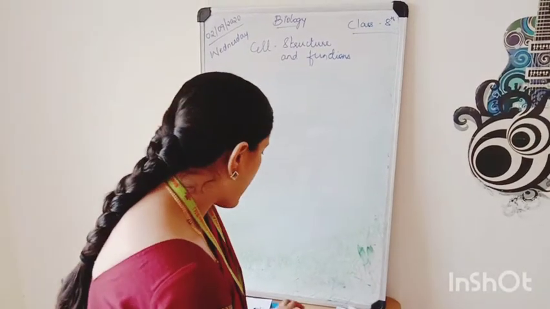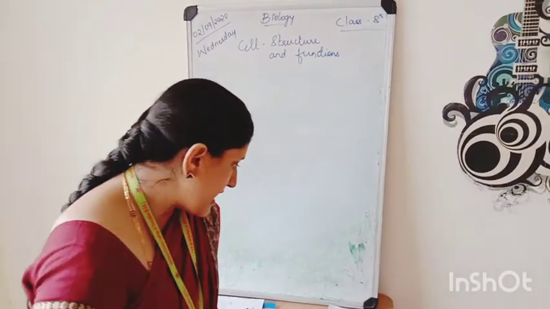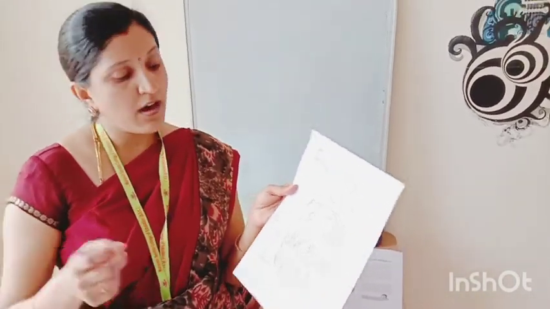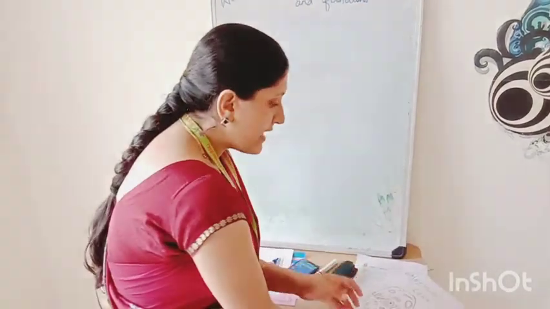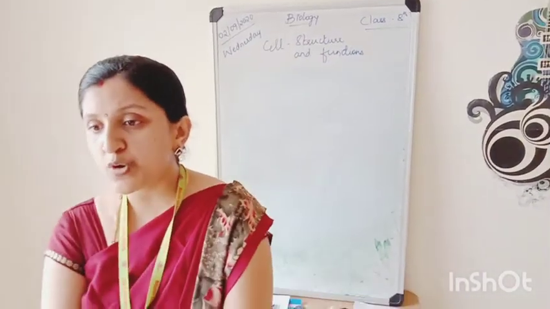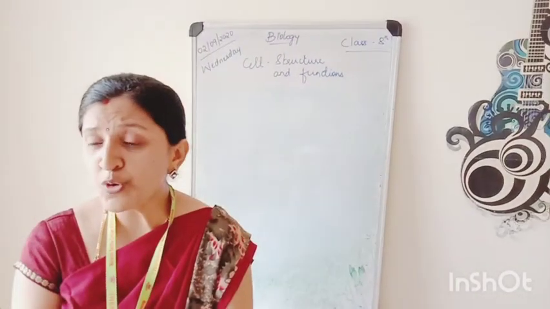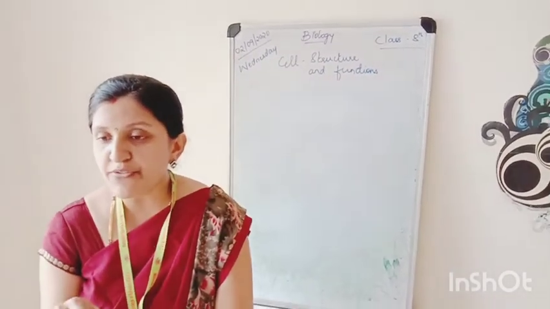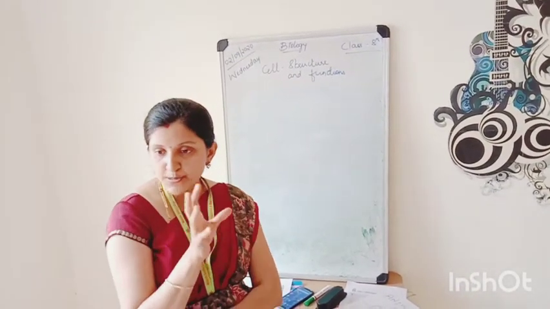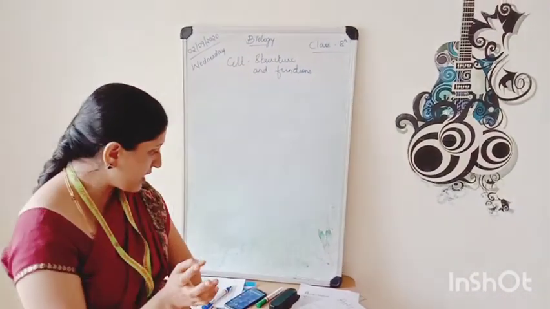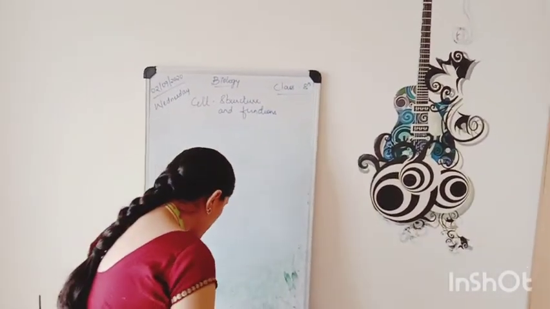Other than that we studied about nuclear structure. The nucleus has a nuclear membrane, and then nucleolus, then nucleoplasm. If the nuclear membrane is well defined, then we call it eukaryotic. If it is not well defined, it is primitive, then we call it a prokaryotic organism.